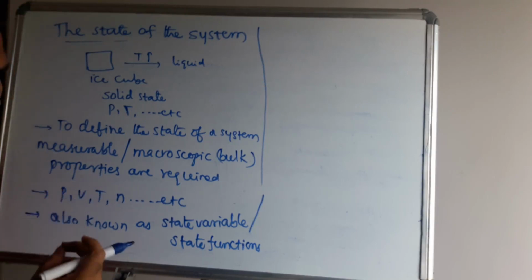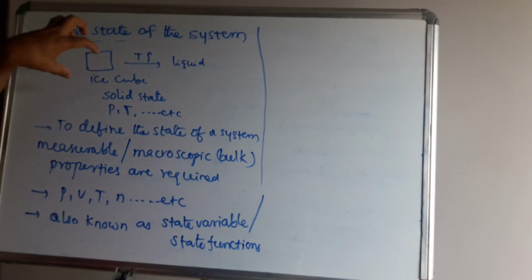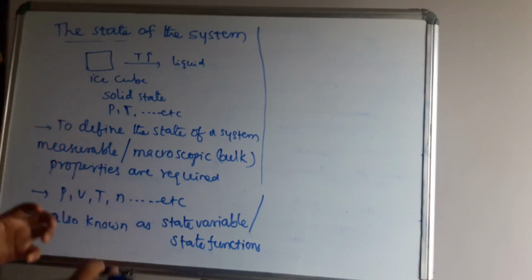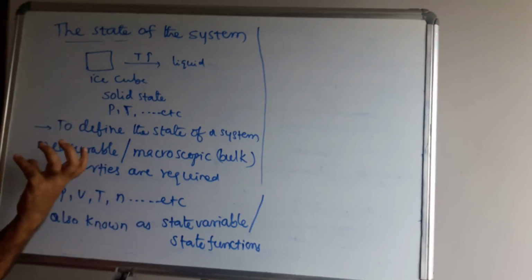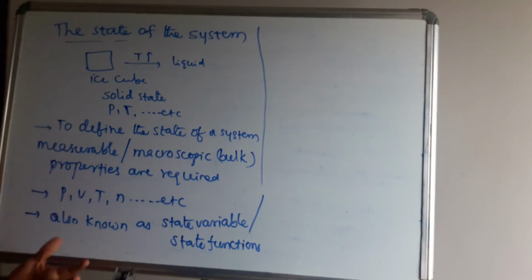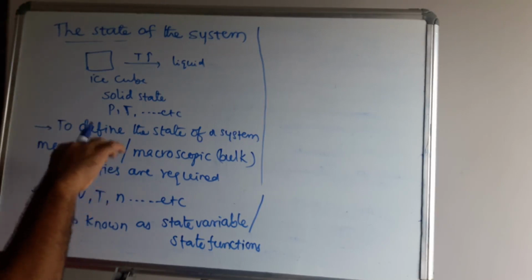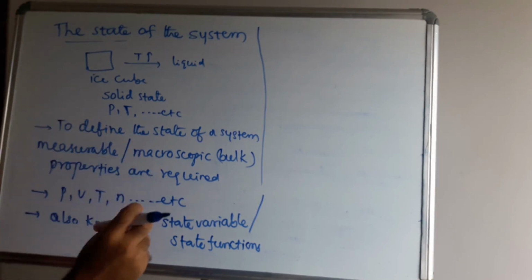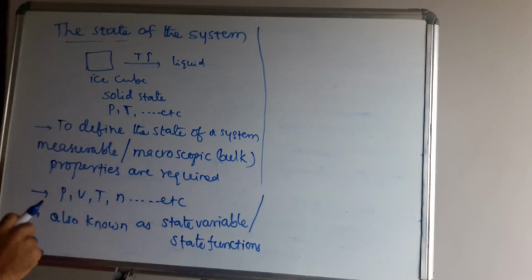So you read your textbook, then you will know clearly. So what I am telling here, for example, this is a system. To define the state of a system, all properties are not necessary. Few properties are enough. The remaining properties automatically fix their values. They have their certain values. So not all are needed here, only few properties are required.